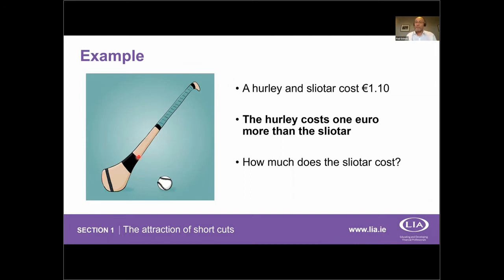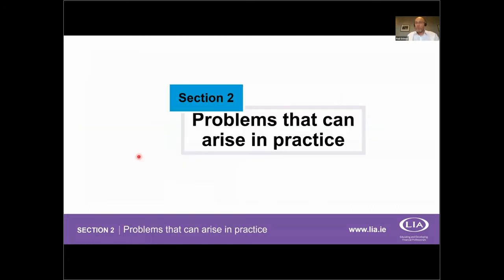The correct answer is €1.05 for the hurley, with the ball being 5 cents. Again, it jumps out at you straight away, but it's a simple example of an inclination to jump in with a quick answer for what appears obvious, but isn't quite so obvious as it might appear when you first read the question. So that's another example of where we go wrong with rules of thumb informing the decision rather than considered analysis.